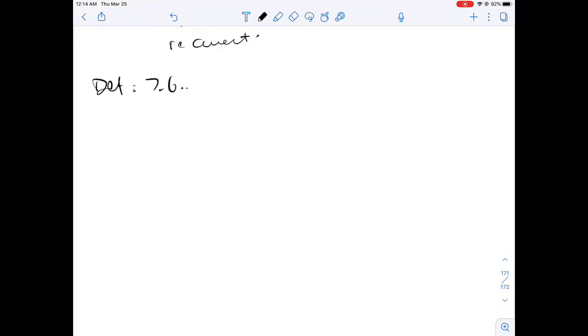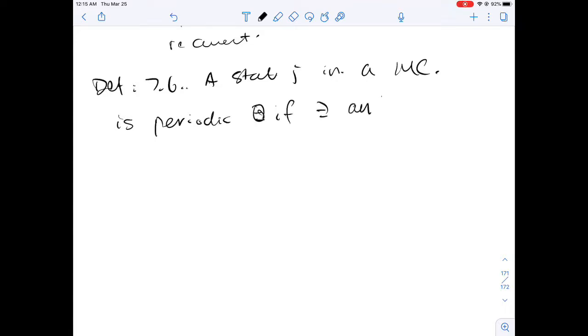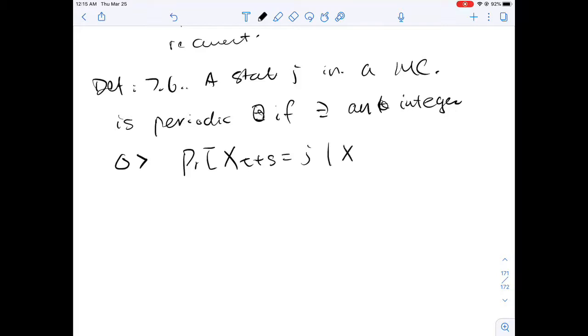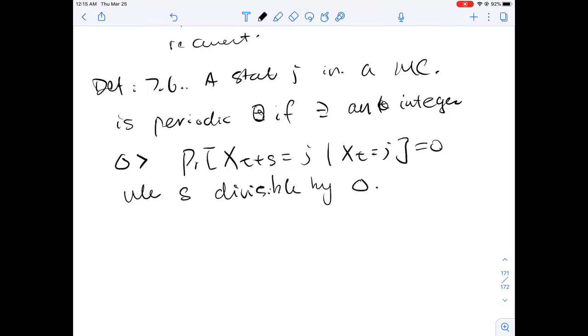Definition 7.6. A state j in a discrete time Markov chain is periodic if there exists an integer delta greater than 1, such that the probability of X_{t+s} equal to j conditioned on X_t equal to j has to be 0, unless s is divisible by delta.